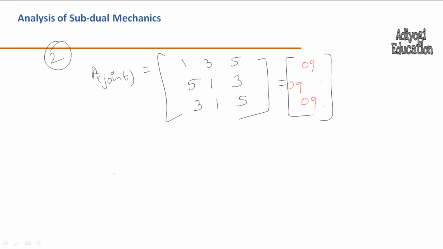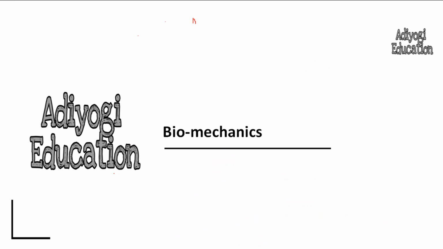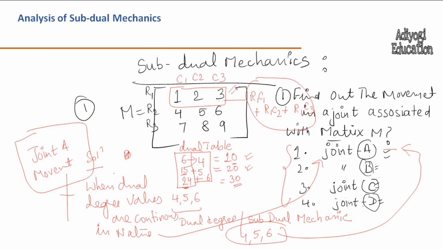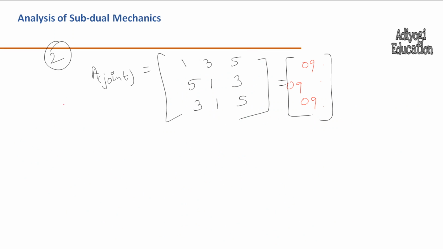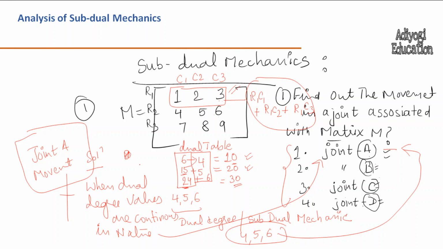Refer to the same question: find out the moment in a joint associated with matrix A this time. Again we have options joint A, B, C or D. What is the definition of joint A? When we have continuous values.